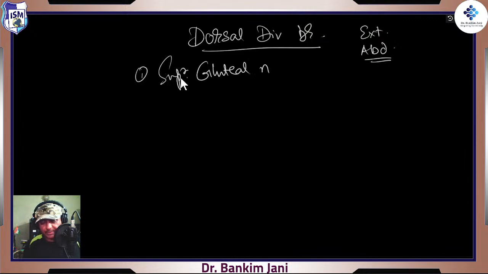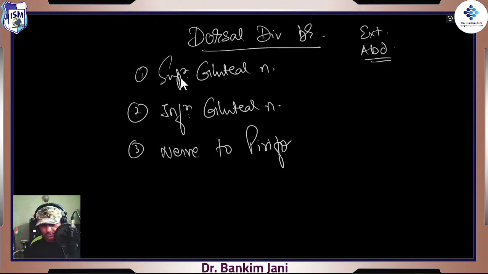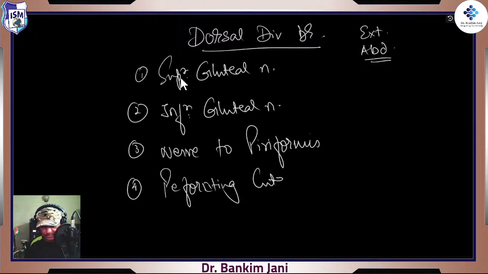So one, say superior gluteal, right? See, this is helping dorsal side. Inferior gluteal nerve, right? Superior gluteal nerve. Then again that posterior one, nerve to piriformis, that is also posterior, the dorsal, and all those perforating cutaneous nerves, right, cutaneous nerves.